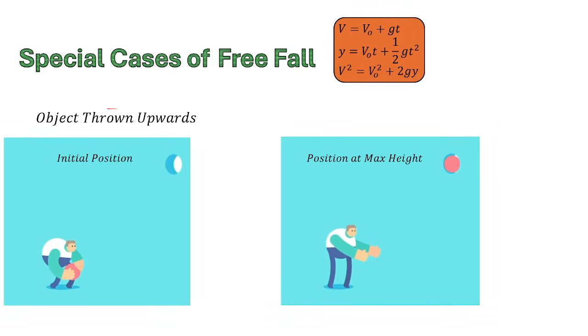For an object thrown upwards, we have an initial velocity. The person here is readying to throw the object upwards, building up a force, and this force will produce a velocity.